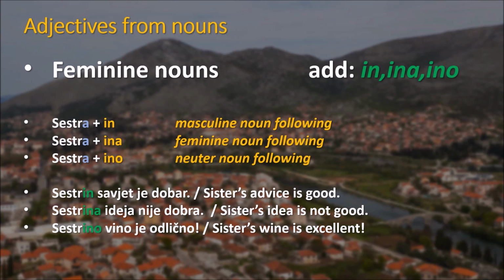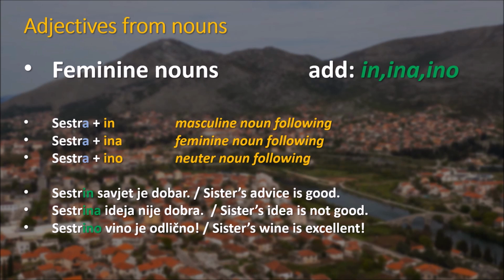We need to take a look at the word savjet. Savjet does not end on a vowel, therefore this is a masculine noun. So that's why we're using sestrin. Sestrin savjet je dobar. The sister's advice is good.